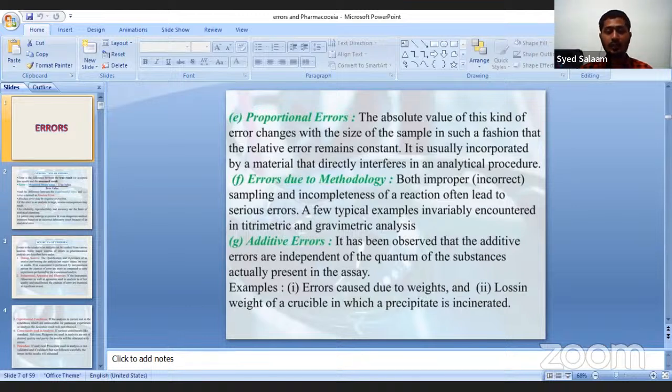Whenever we need any medicine preparation, the standard methods have to be followed, the latest methods, whatever the latest pharmacopoeia recently published, for preparing any drug or medicine. Then only will we get the proper therapeutic response.